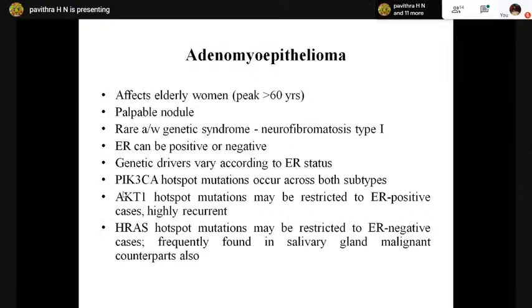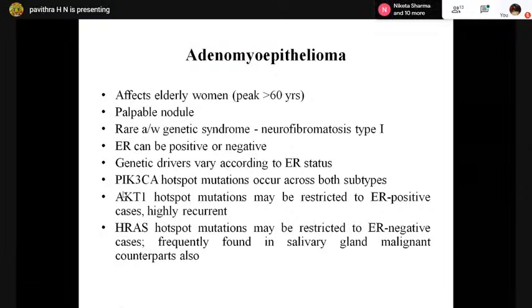The other one is the HRAS hotspot mutation, mostly seen in ER negative adenomyoepitheliomas, which are more frequently found in salivary and malignant counterparts. And the last one is the PIK3CA hotspot mutation, which can occur in either ER positive or negative adenomyoepithelioma.